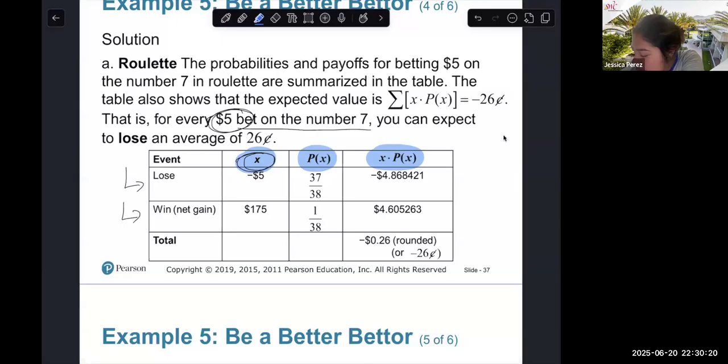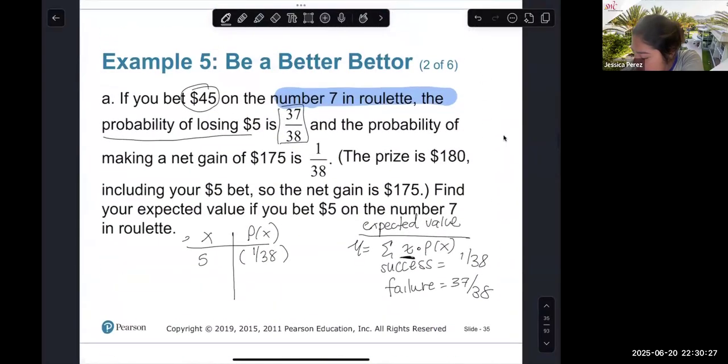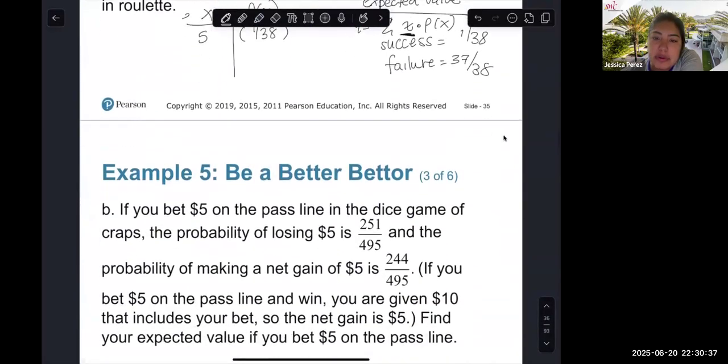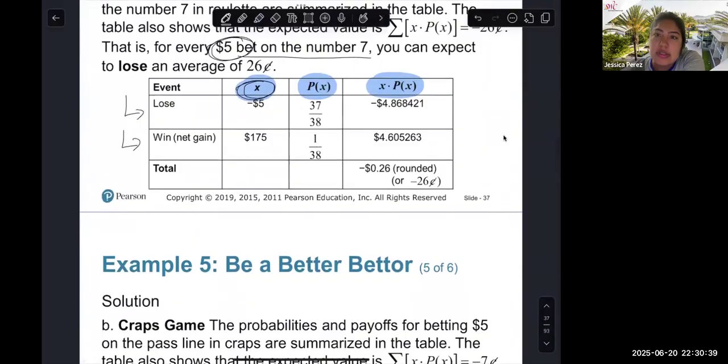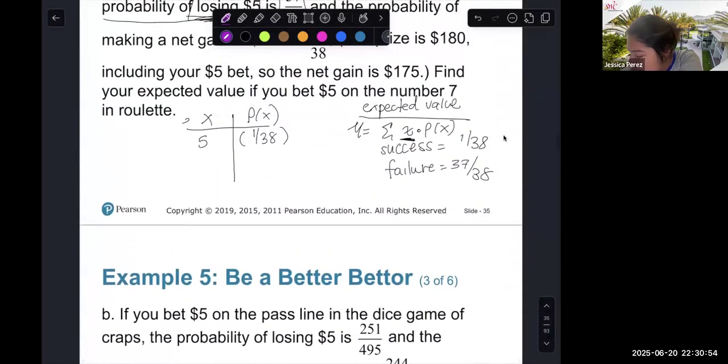Because you're losing $5 up here, so losing $5 is -5. That's the probability times 37 out of 38. Then you multiply x times p of x, and remember that it's actually going to be the sum, the expected value.